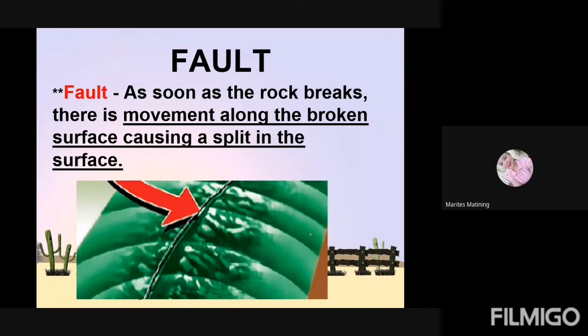So, fault is there is a movement along the broken surface causing a fracture or a split in the surface. So that's our fault. Ayan, yung ating fault. So if you look on the picture, yung nakikita nyong pinaka-split or fracture sa gitna, yan yung ating fault.